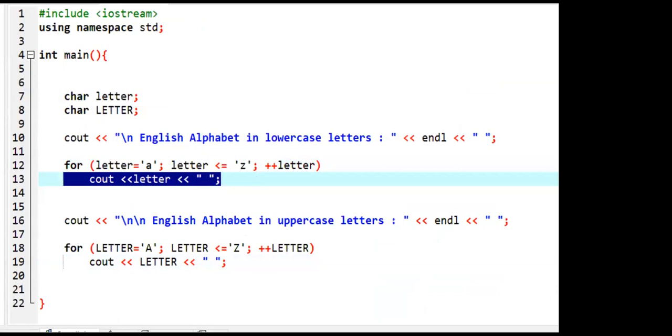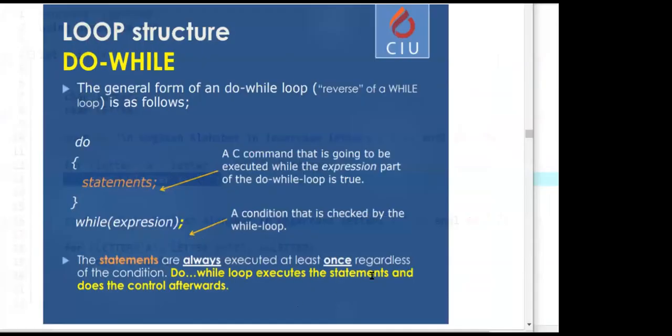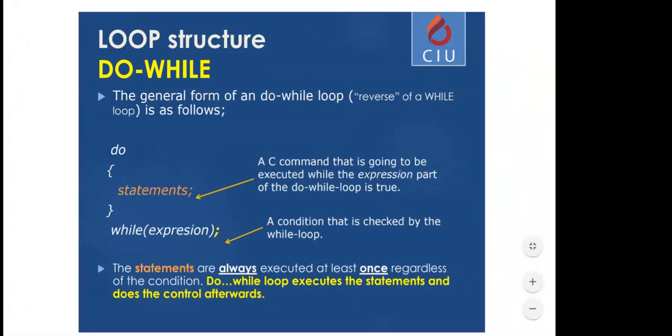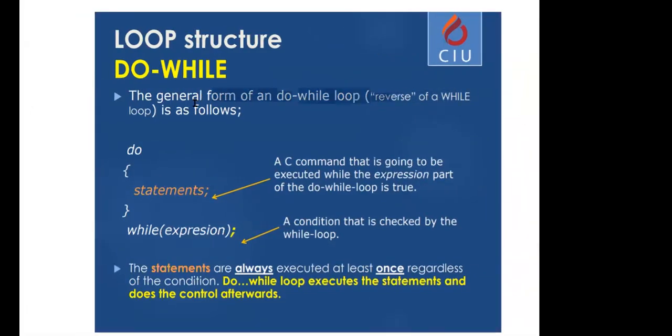But with the do while case, this is not true. What do while does is it first runs the statements and then it checks the condition. So it does a reverse of a while loop. It executes first, then checks the condition.